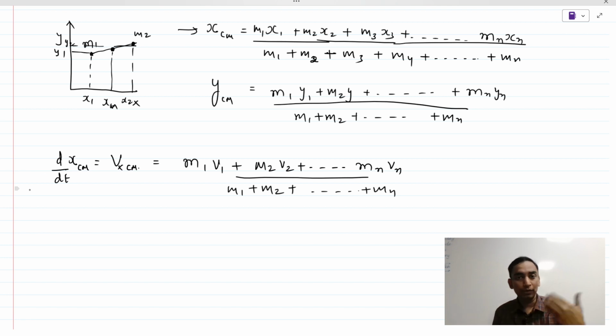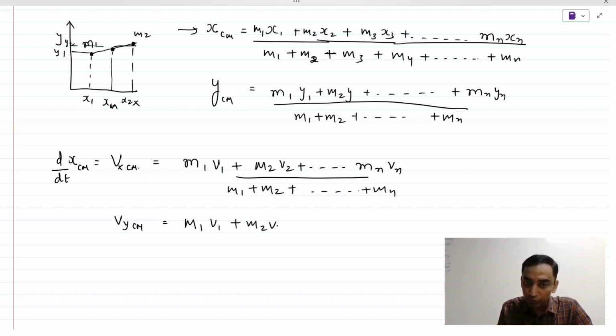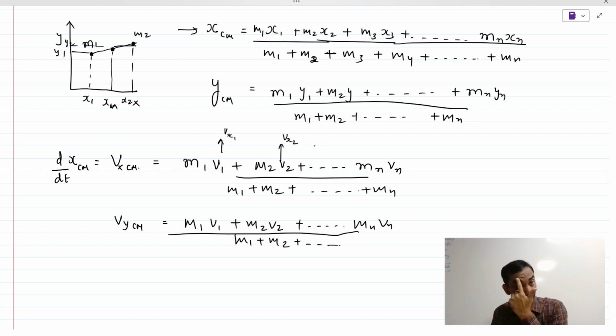In the same way, you can find vycm, again m1 v1 plus m2 v2 till mn vn divided by m1 plus m2 and so on. These are the velocities in the x direction, vx1, vx2, and these are the velocities in the y direction, so I should better write them as vy1, vy2 and so on.